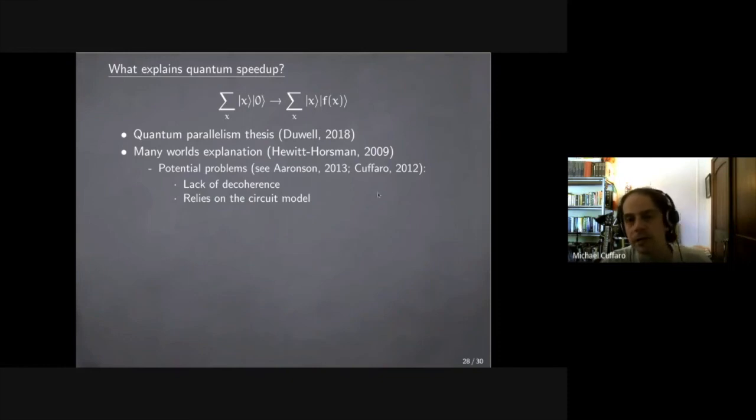The parallelism that you see here is clearly visible in the circuit model, but when you simulate a quantum circuit algorithm in a different model, the parallelism might not be so evident. And so that's another challenge for someone who wants to defend either many worlds or the weaker quantum parallelism thesis, to explain how you have parallelism even in those other models where it doesn't appear as easily.